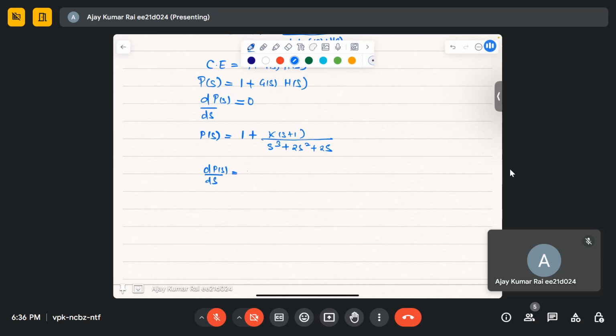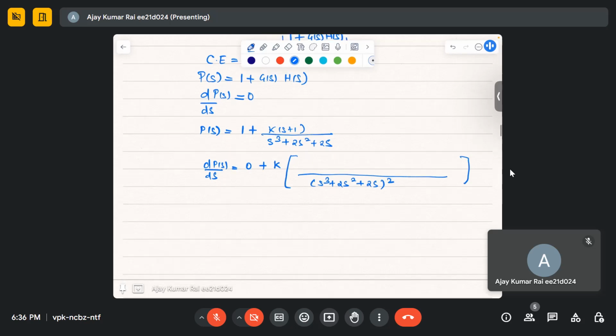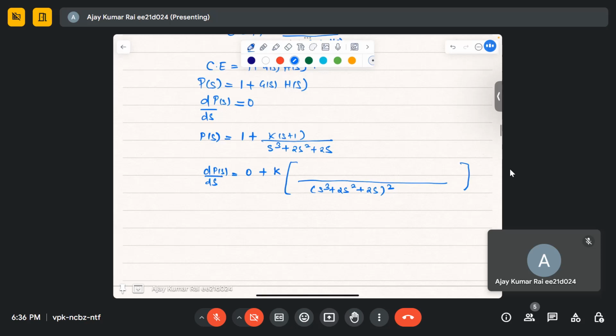So this is 0, plus, I'll just take out the K here. The denominator will be (s cube plus 2s square plus 2s) whole square. If you differentiate s plus 1, you'll be left with 1, so (s cube plus 2s square plus 2s) minus (s plus 1) times, if you differentiate the denominator, (3s square plus 4s plus 2).